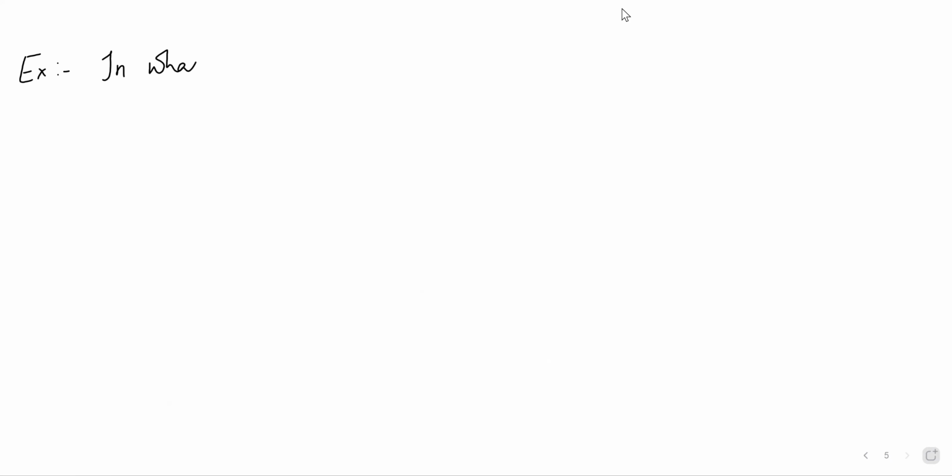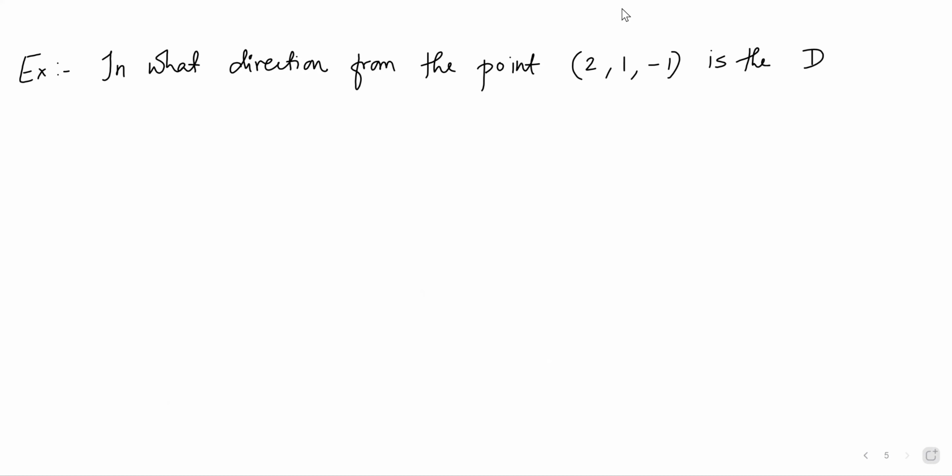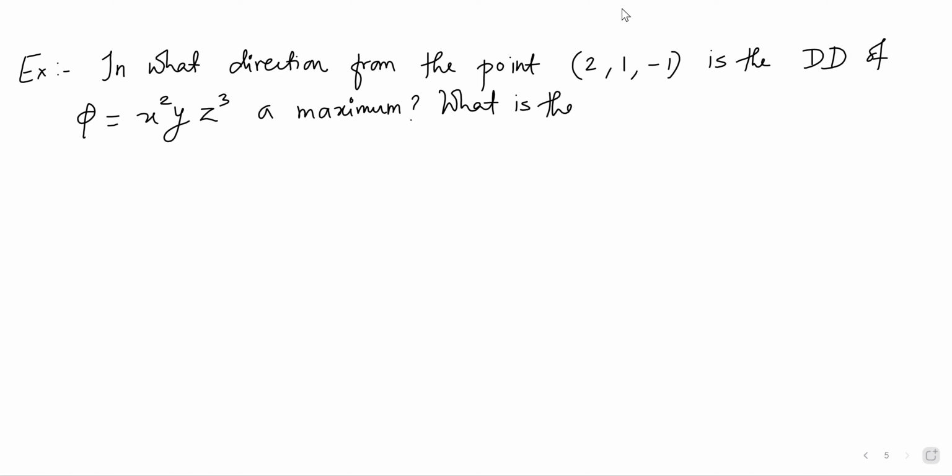In what direction from the point (2, 1, minus 1) is the directional derivative of phi equal to x square y z cube a maximum? What is the magnitude of this maximum?